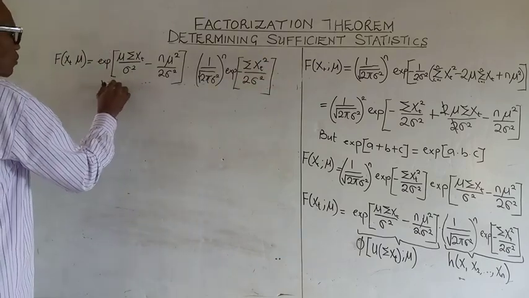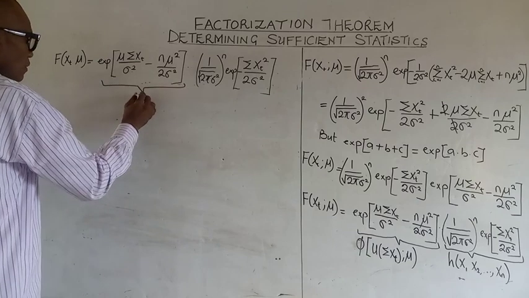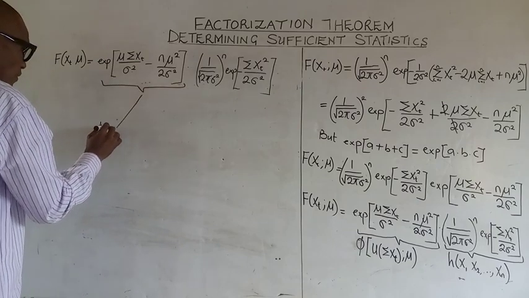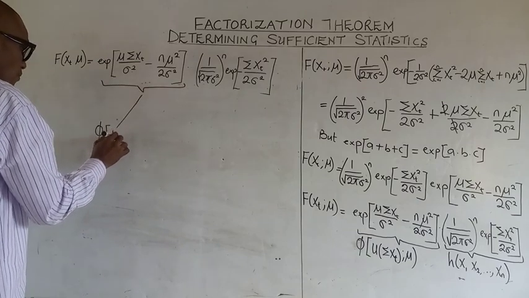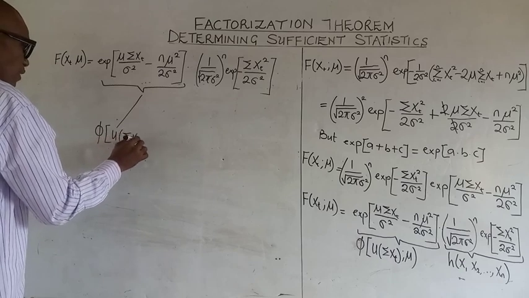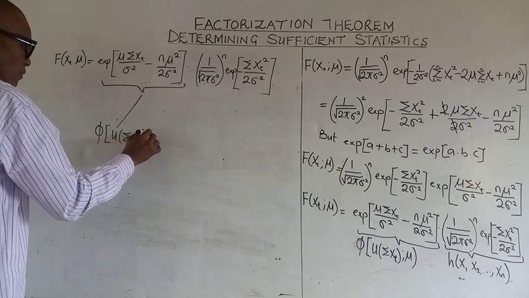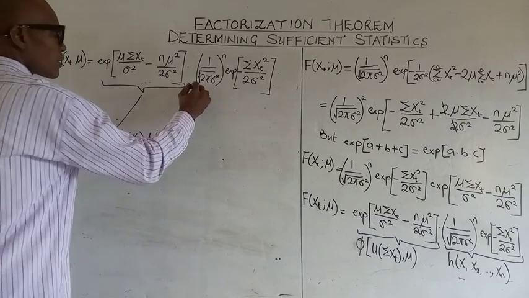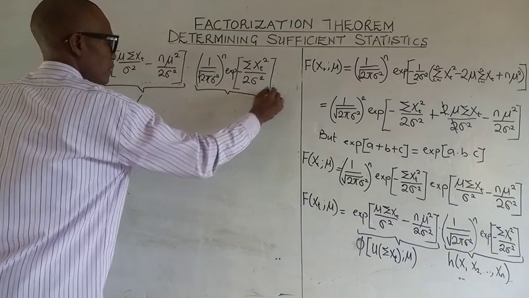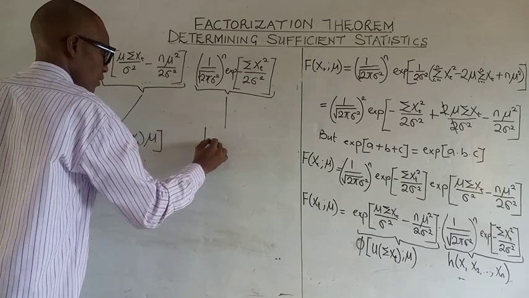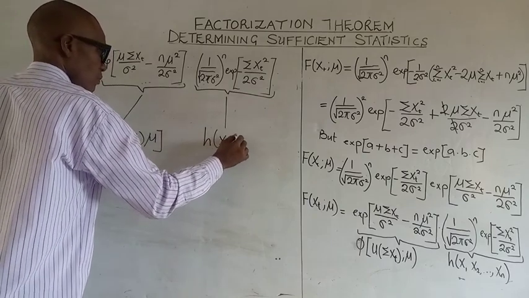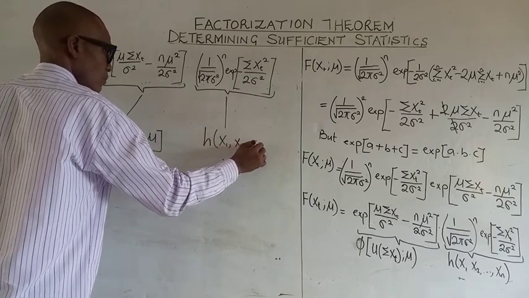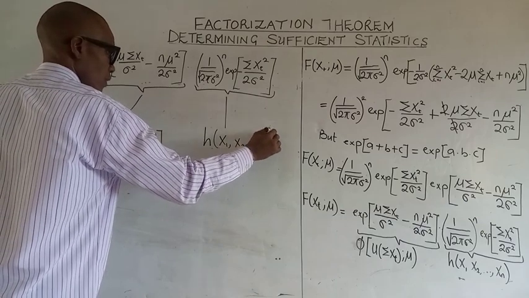So the whole of this becomes our phi of mu and summation of x_i, and the whole of this gives us h of x1, x2 to xn.